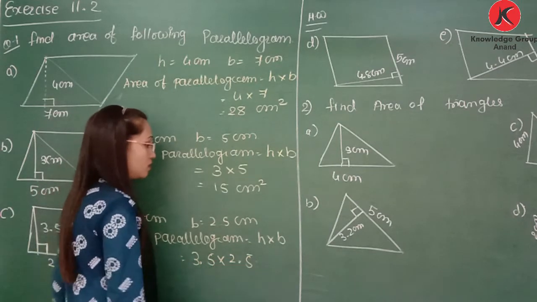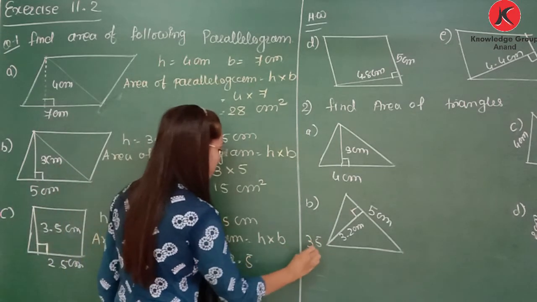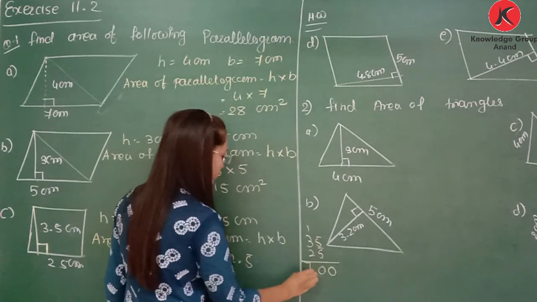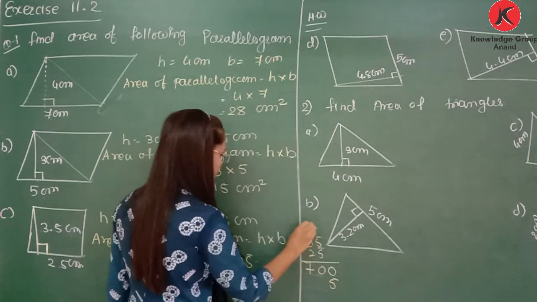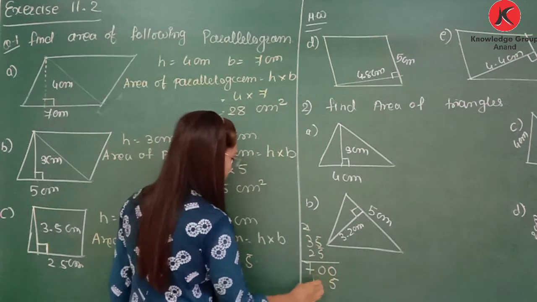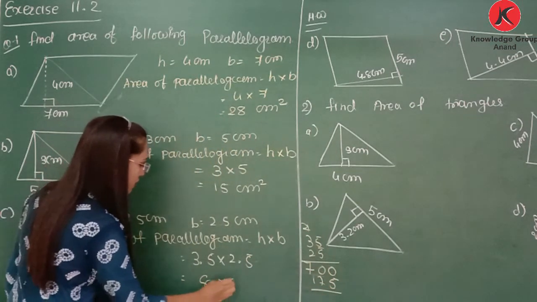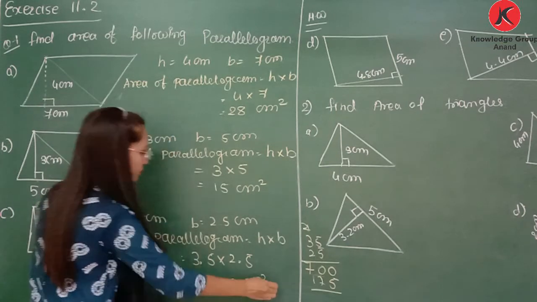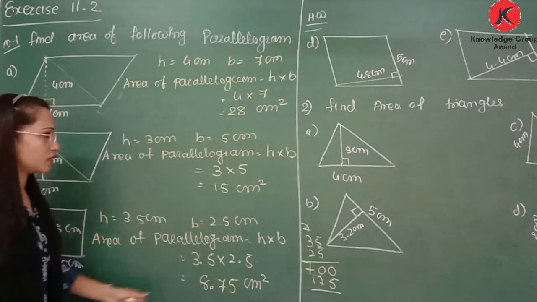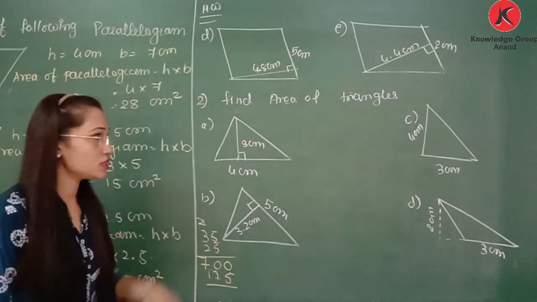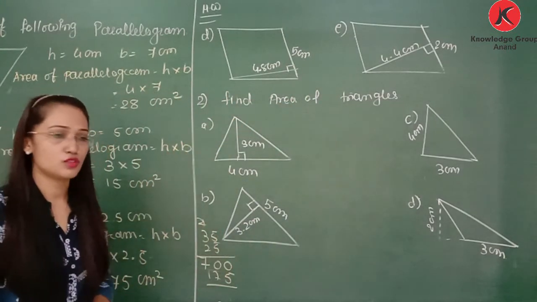Now multiply 35 with 25. So it is 875, so 8.75 centimeters square. These two examples you need to solve in homework, applying the same equation.